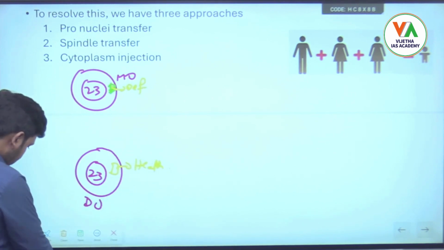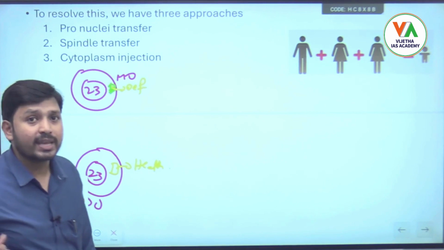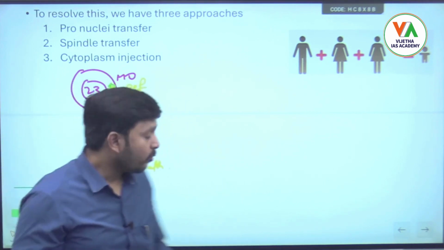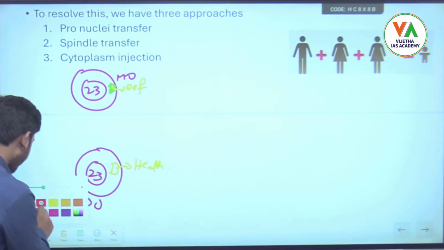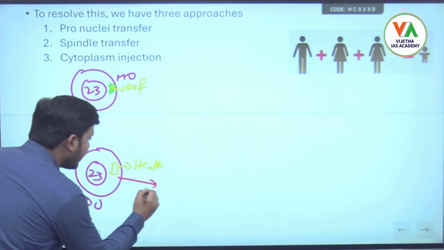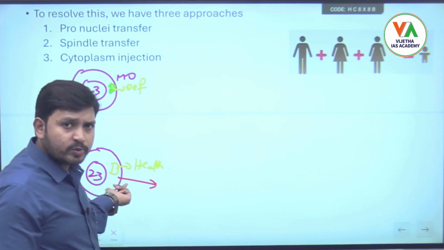So in this case, what we will do is, we will try to discard this 23 nucleus, or these chromosomes, from this donor egg.